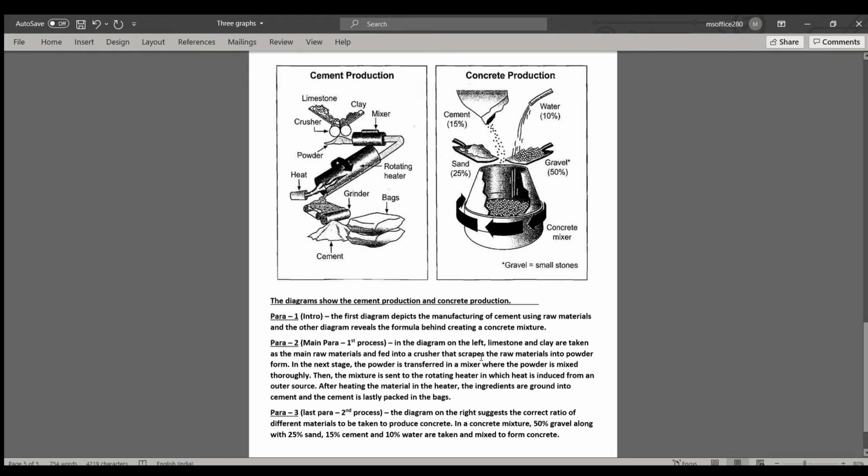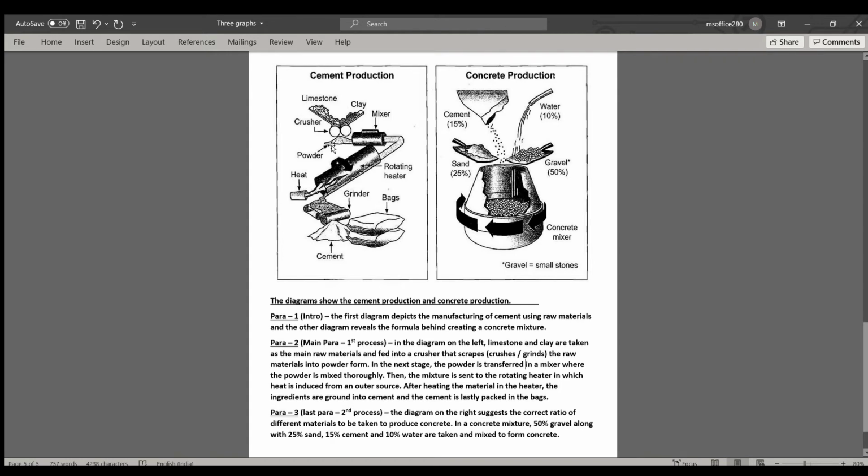I have used the word scrapes; you can use scrapes, you can use grinds, or you can use crushes, the raw material into powder form.